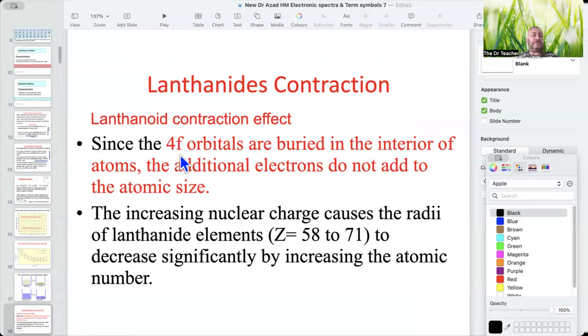Because we have big 4f, whatever electrons you add, you won't increase the size of the atom. The increasing nuclear charge causes the radii of lanthanide elements 57, 58 to 71 to decrease with increasing atomic number.